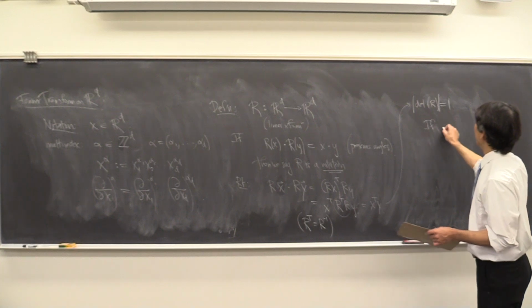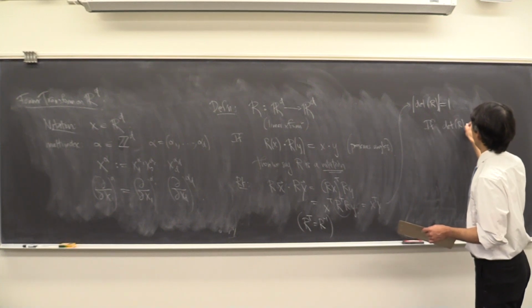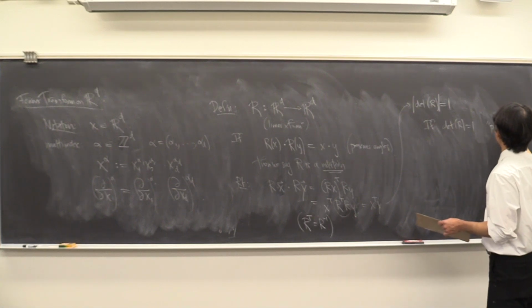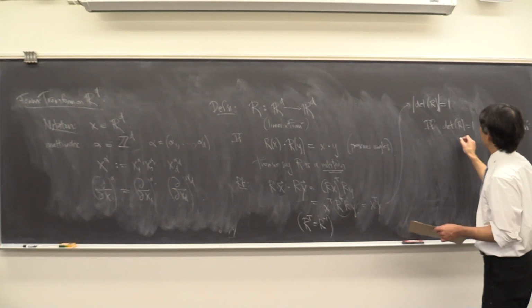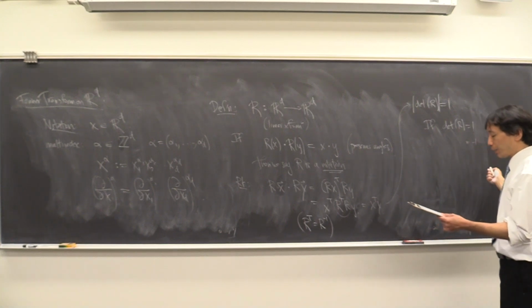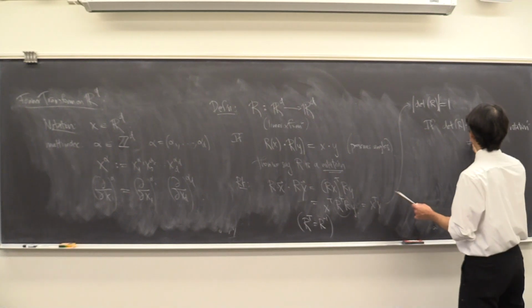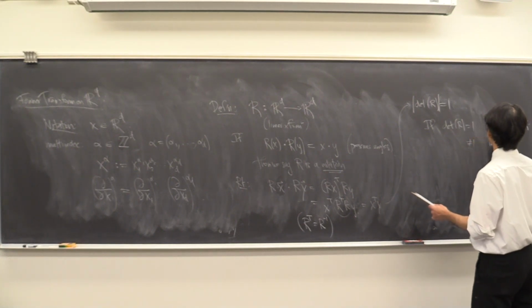If the determinant actually is 1, it's called a proper rotation. And if it's not equal to 1, then it's an improper rotation.